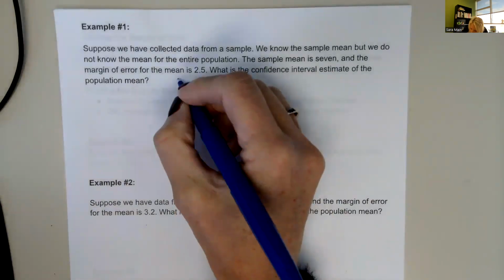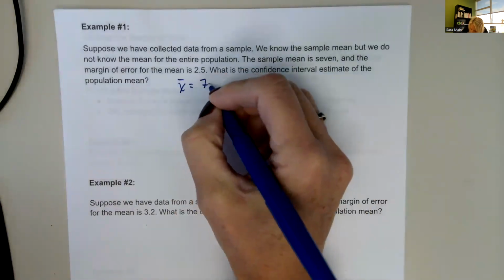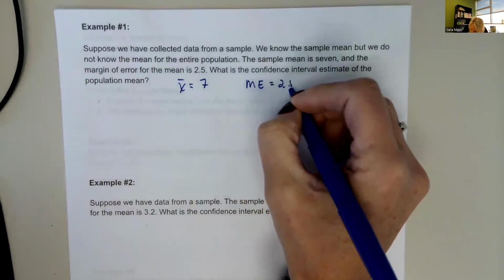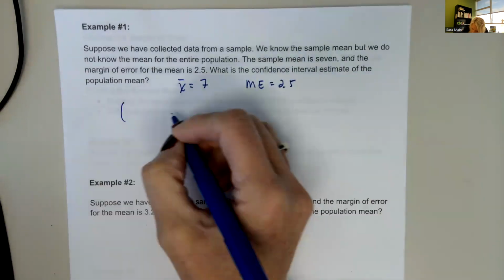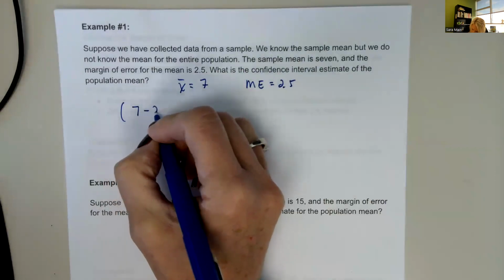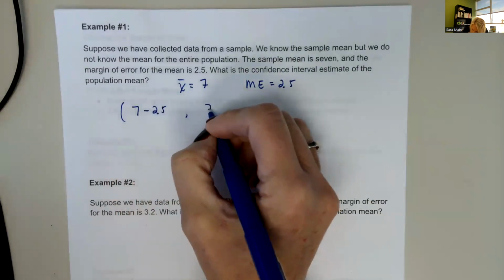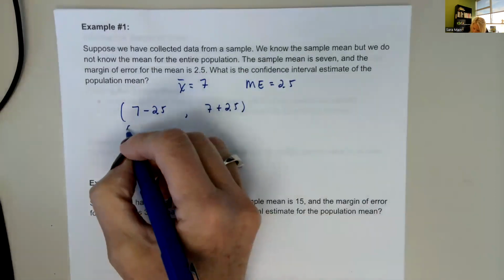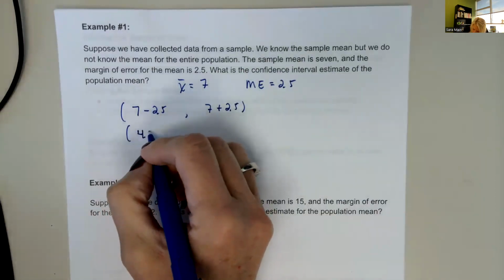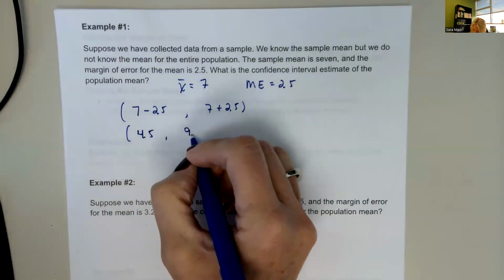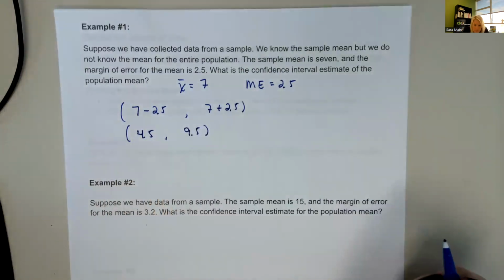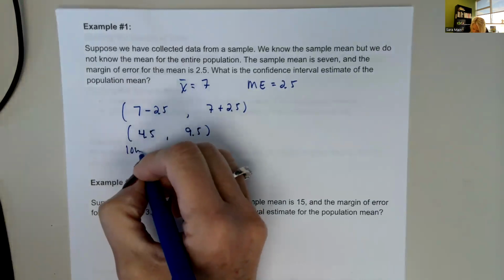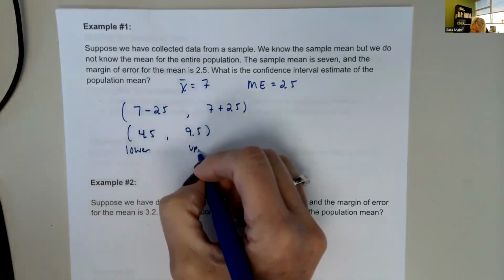So the confidence interval is going to be 7 minus 2.5 and 7 plus 2.5. And so that's going to be 4.5 up to 9.5. So this is our lower bound, and this is our upper.